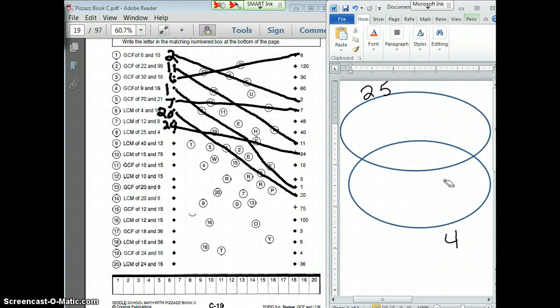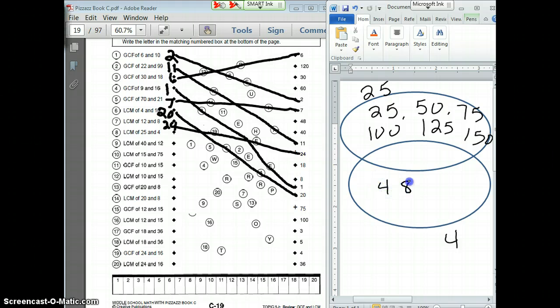We've got multiples again. Smallest one will be 25, 50, 75, 100, 125, 150, okay? And then we'll start with our 4's. Man, we're going to be going a ways. Lots and lots. Let's see.